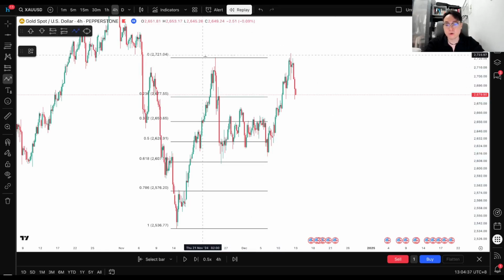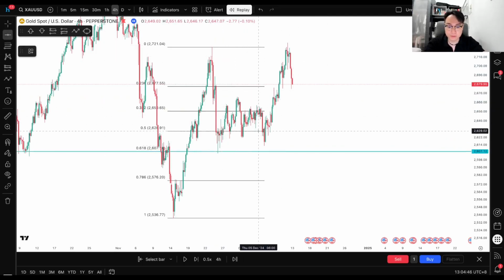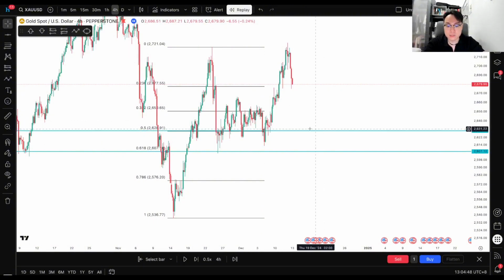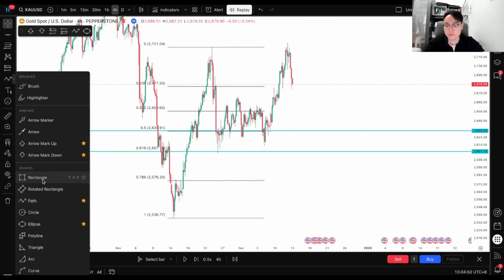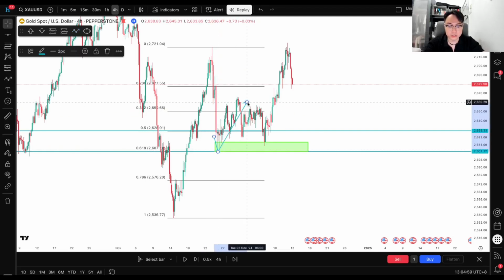And when it comes all the way down, there we go. We see a perfect rejection on the 0.618 Fib level, and we have the 0.5 Fib level right here. So on the smaller time frame, when we see these kinds of rejections, that's where price can potentially reject the 0.618 golden Fib level and continue to go up.